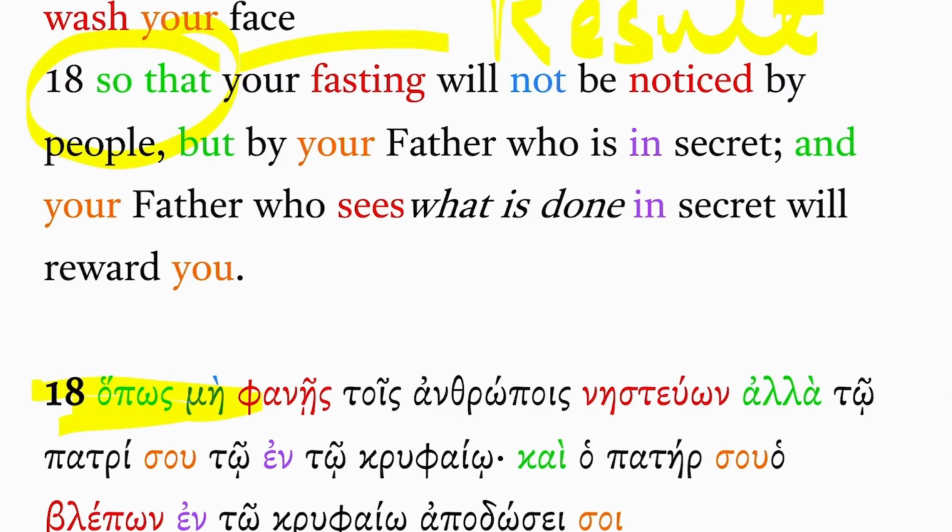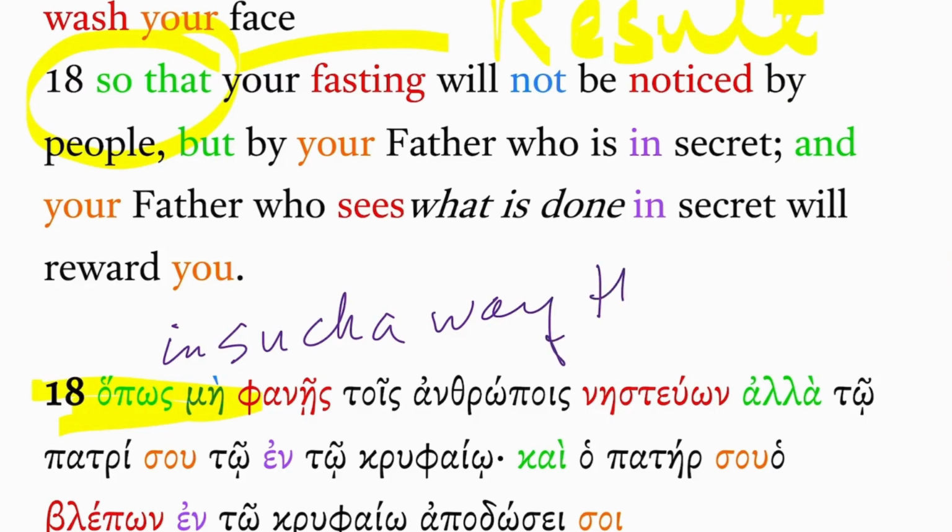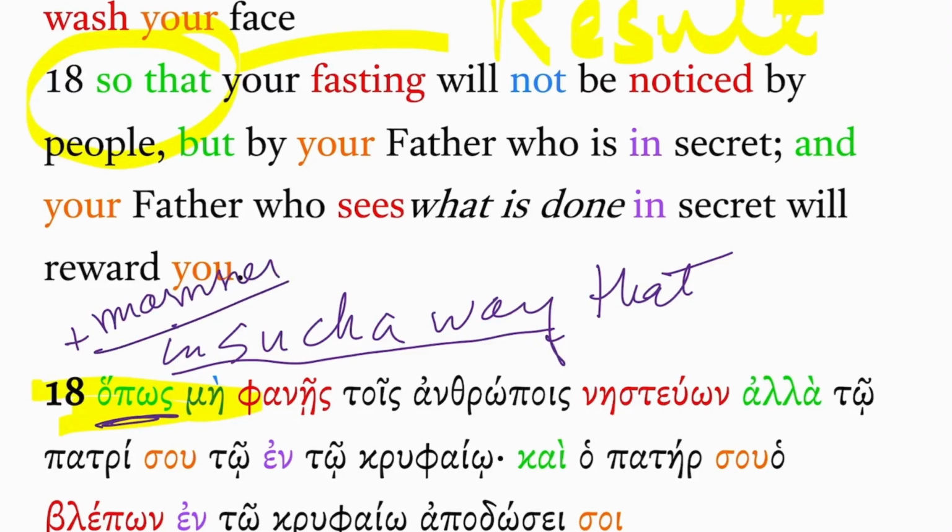I would suggest using "in order that," or "in such a way that," in such a way that you don't manifest to people you're fasting. I'm using "in such a way that" because we're working with hopōs. Hopōs is marked plus manner. So I'm just walking around these constructions, and we're looking at negation. You can negate it with mē.